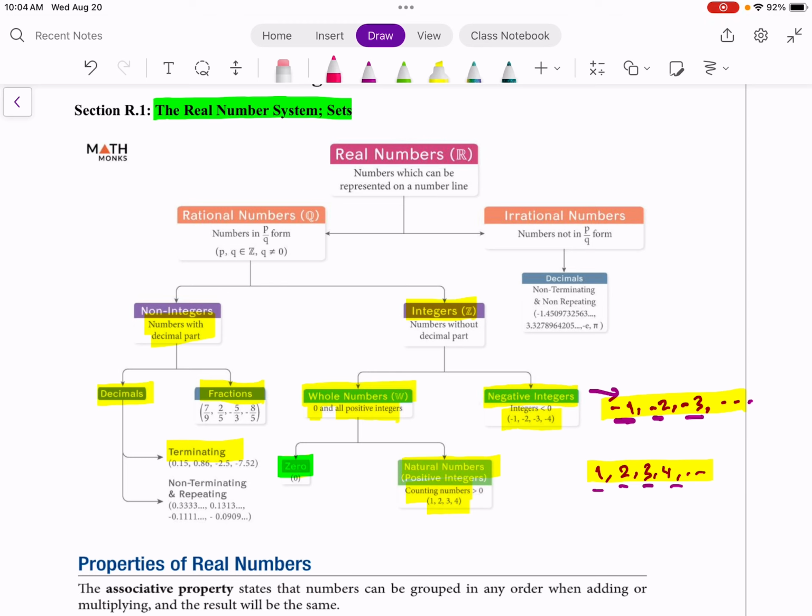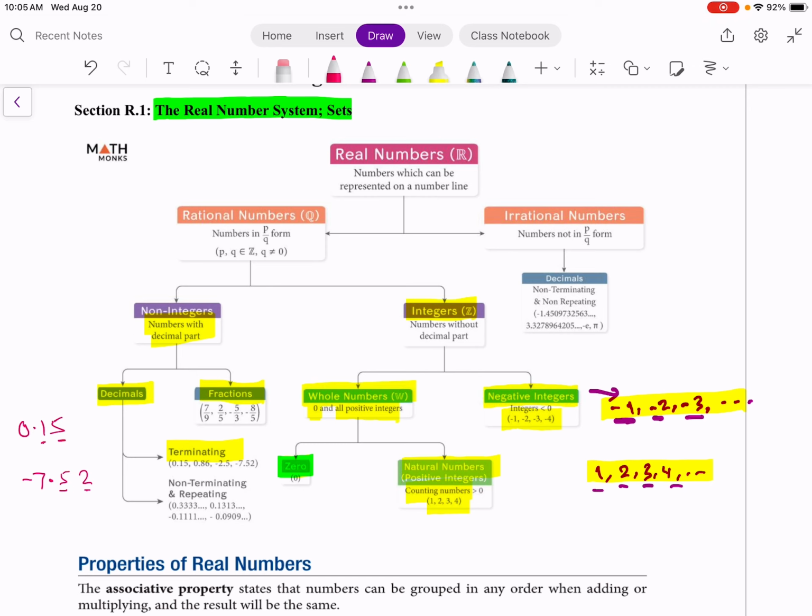Terminating means if we have a fixed number of digits after the decimal, like 0.15, so we have 2 digits after the decimal. Okay, it means this is a terminating decimal. Similarly, -7.52, after the decimal we have a fixed number of digits. It means this is a terminating decimal.